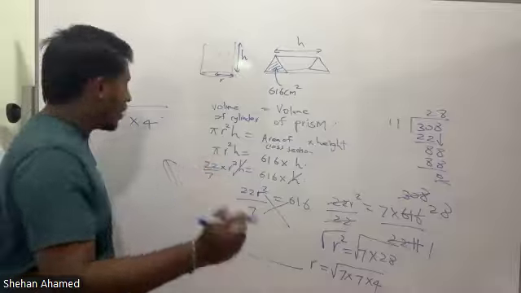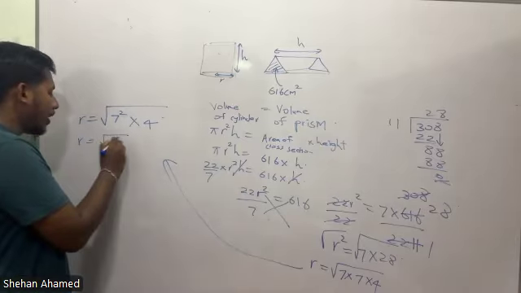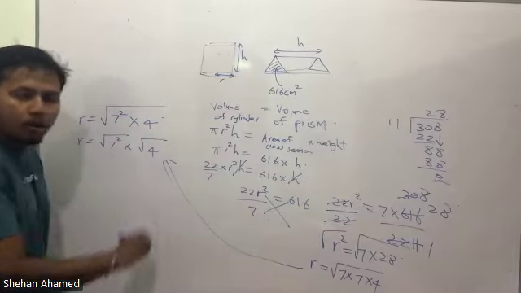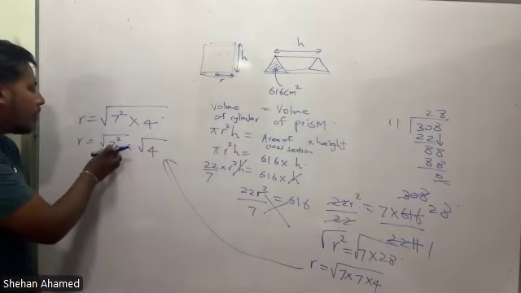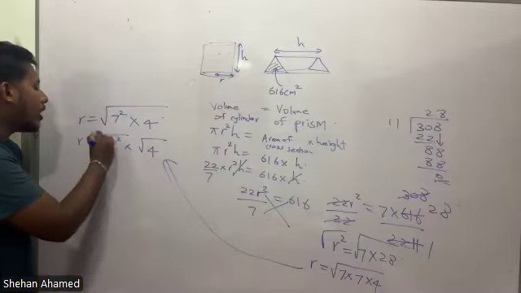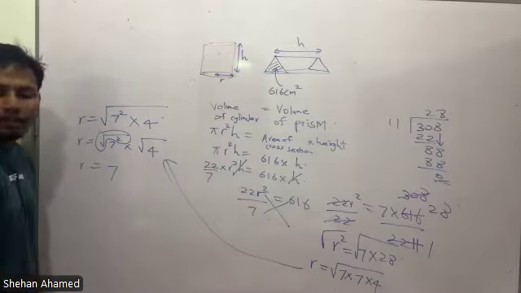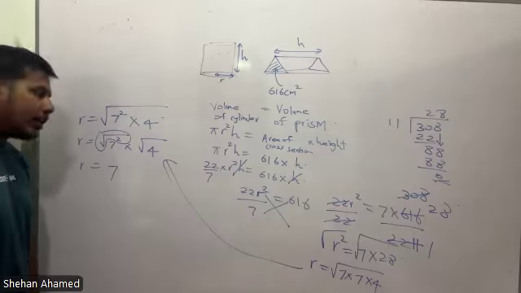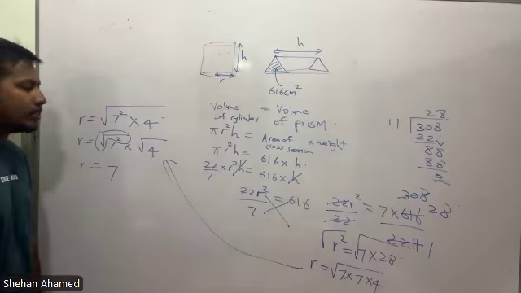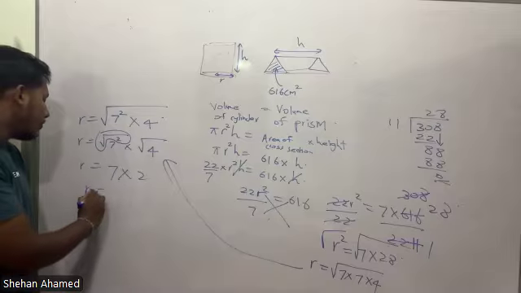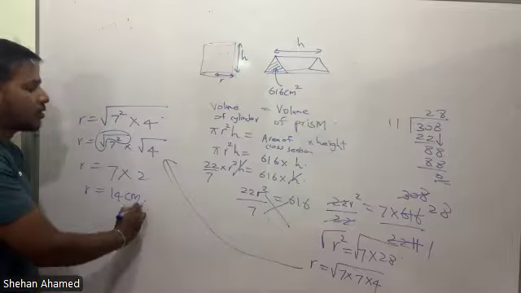Now I'm going to break that into two parts: square root of 7 squared into square root of 4. What is the square root of 7 square? The square and the square root cancel off and you end up with 7. This is surds, which is in grade 10 second lesson. And root 4, the answer is 2. 7 times 2, the answer is 14 centimeters.